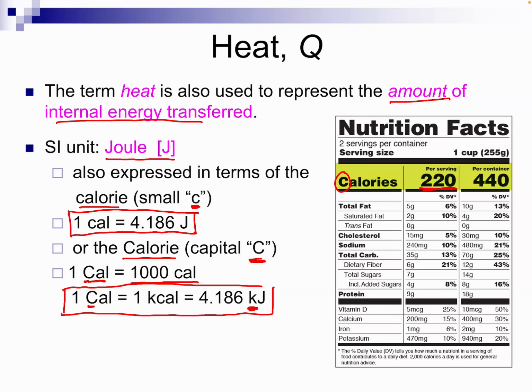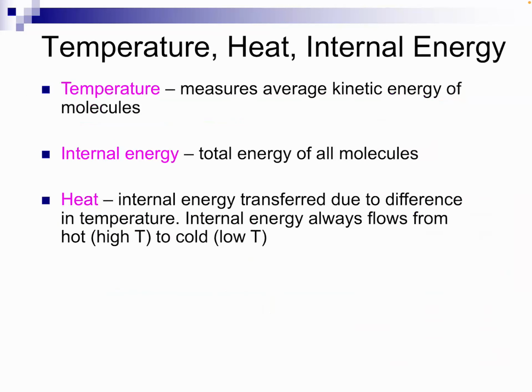Right. Okay, so just clarification with units, and so far we've only just defined heat. So just to summarize the different terms that we've learned so far, when we say temperature, it's the measure of the average kinetic energy of the molecules. It's usually what we measure using a thermometer.